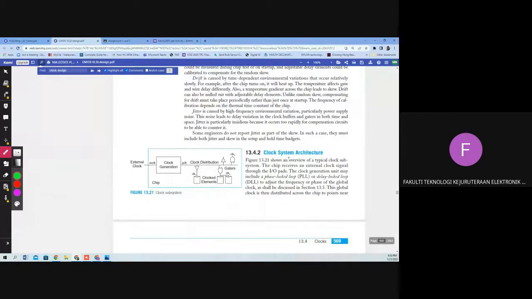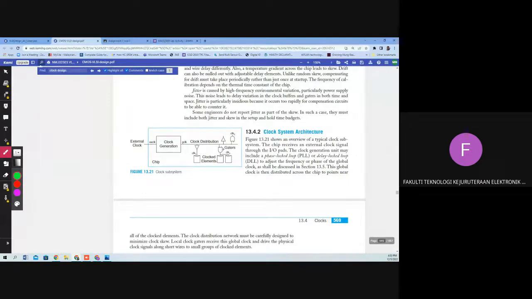Okay, so clock system architecture. This is what I mentioned to you. We have AND gates, and we can also have buffers. Buffers are for clock distribution. Maybe I use a different color so that you can identify the purpose of a clock buffer and a clock gate. Clock gators, they call them. One is used for buffering the clock to make sure that the clock has less clock skew at the arrival destination or clock element.